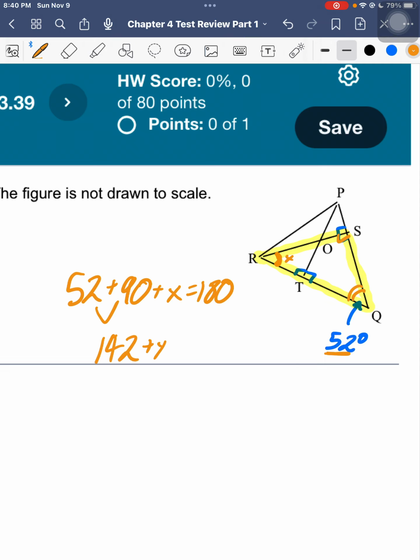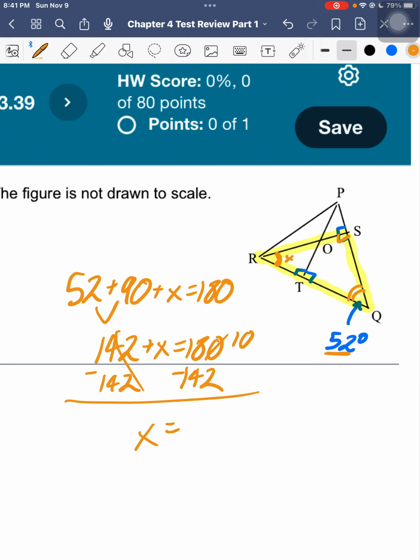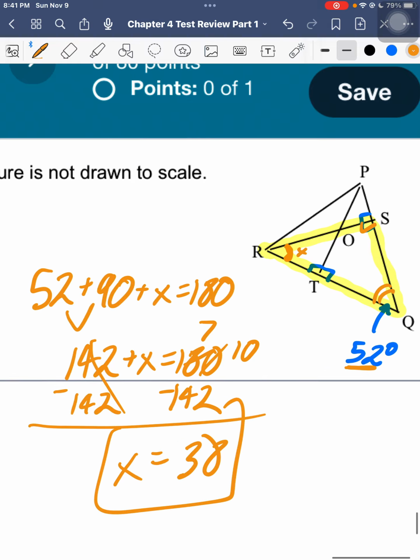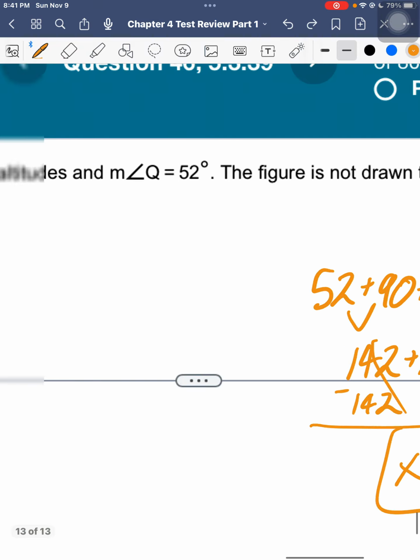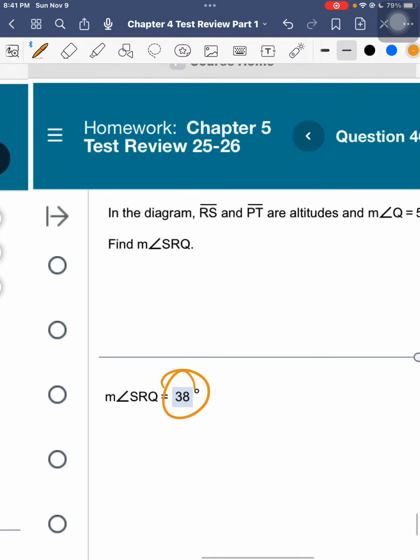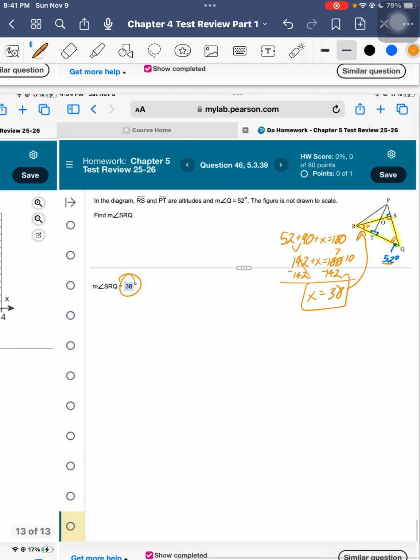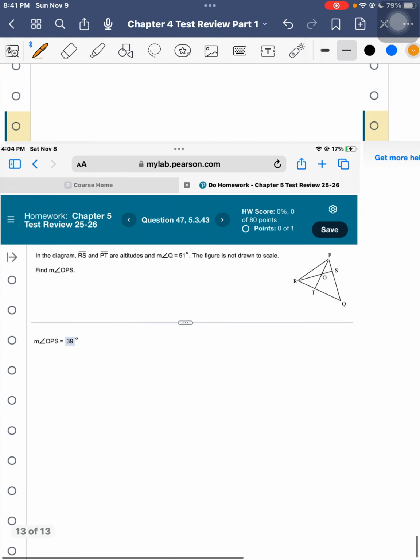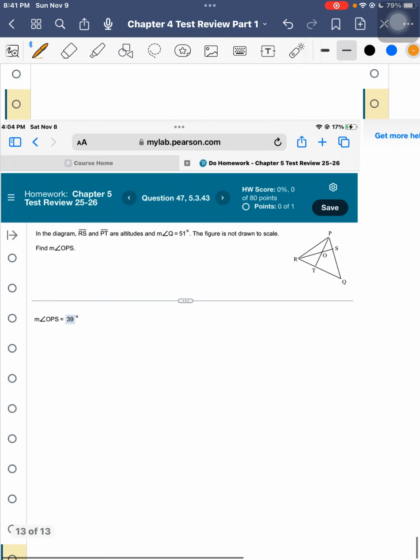So this is 142 plus x equals 180. 180 minus 142, x is equal to 38. So my x is equal to 38, and what's my 38? It's angle SRQ. 38.